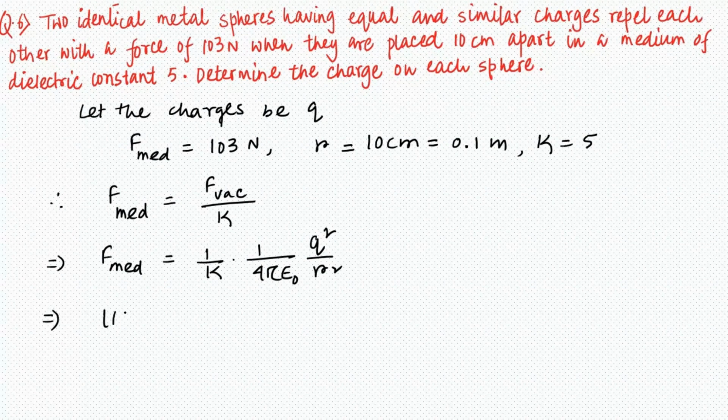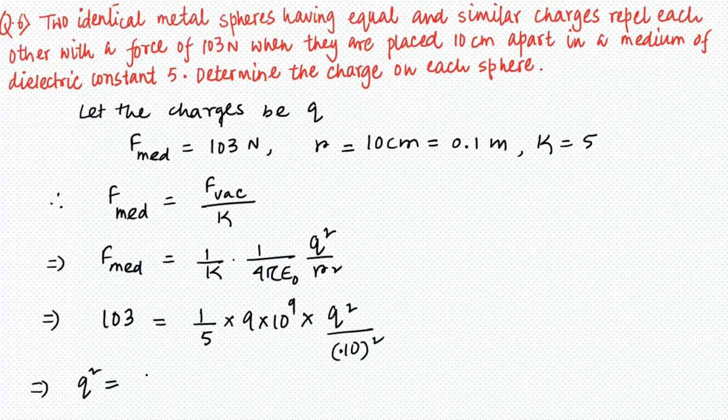So this is given, which is the force, 1 by 5, dielectric constant is 5, and 1 upon 4 pi epsilon naught is 9 into 10 to the power 9. Charge is q square divided by r square, which is 0.1 square. So from here, q square is equal to force into 5 into 0.1 square divided by 9 into 10 to the power 9.